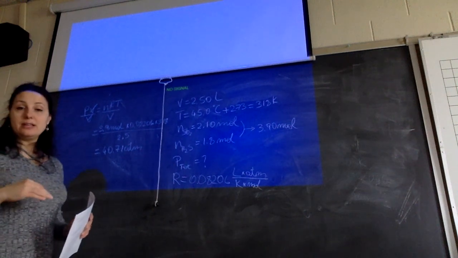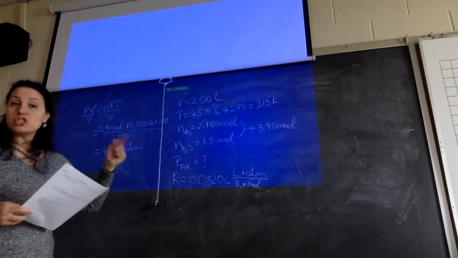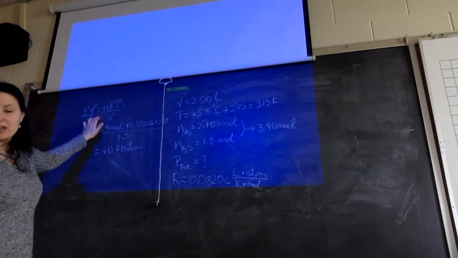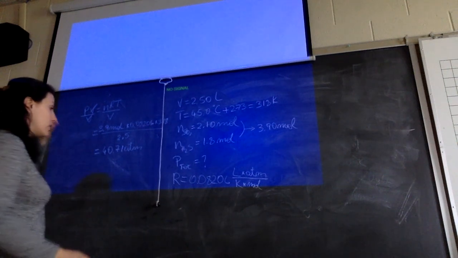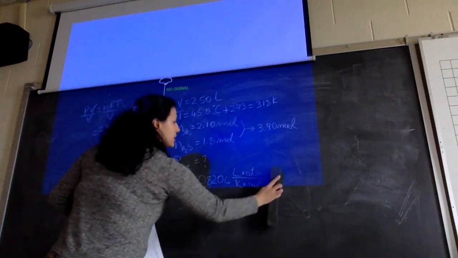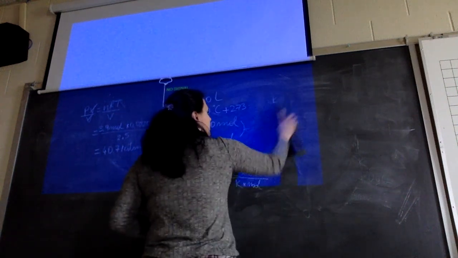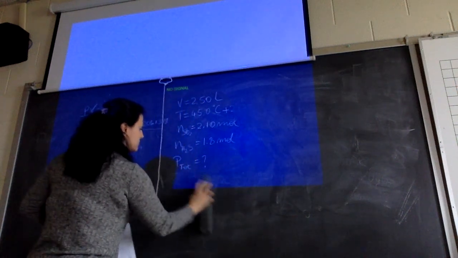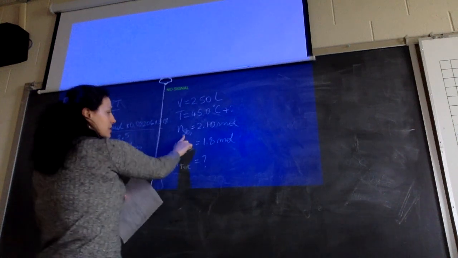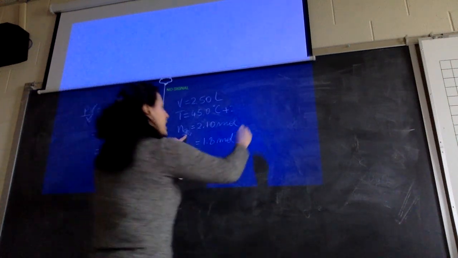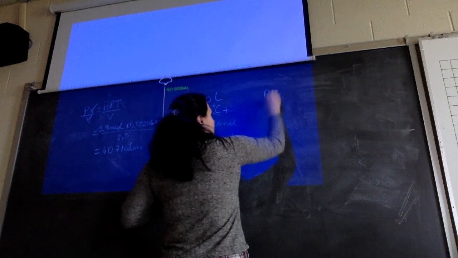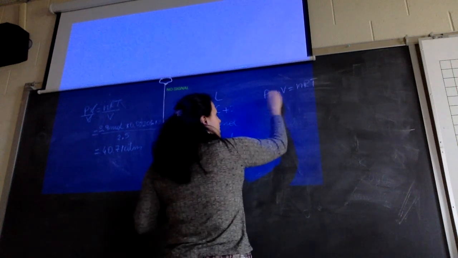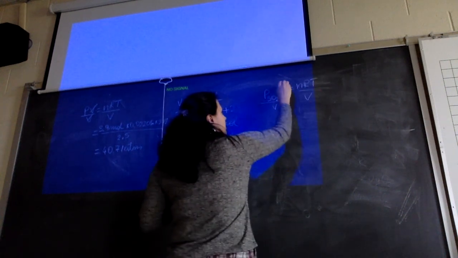Now let's calculate this by calculating the pressure of each individual gas and then adding them together. So for that one, I'll use PV equals nRT twice, once for each gas. Okay, I will work it over here. I'm going to erase these so I have room. Let's do the pressure for the SO2 gas. So P of SO2 times V is equal to nRT. Divide both sides by V, V cancels.